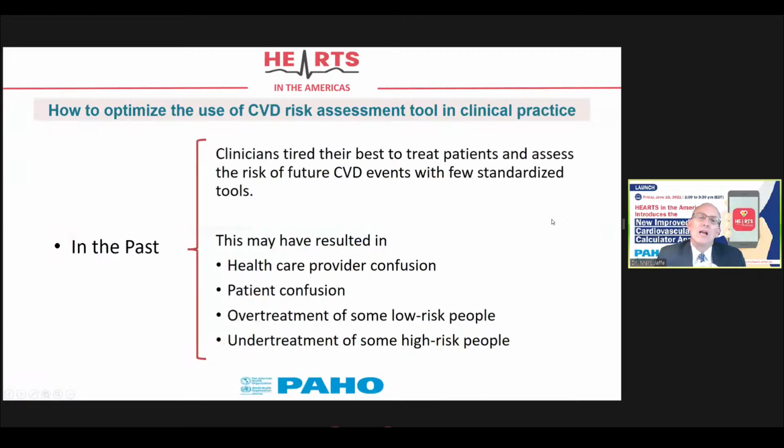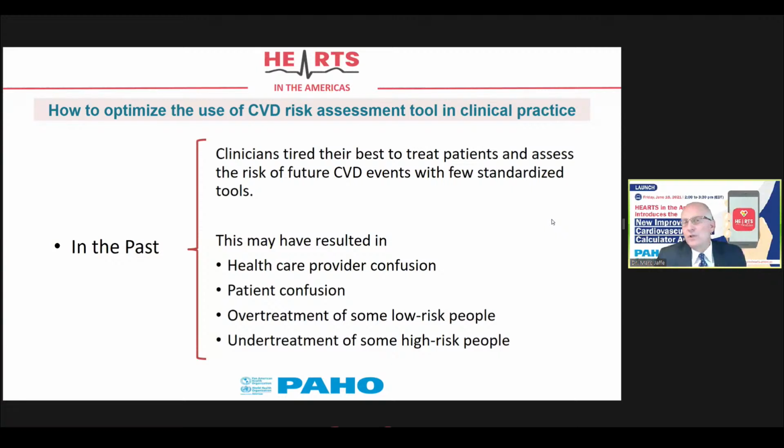And so let's talk about the past if we're thinking about how to optimize a tool. So in the past, and many of you might still be living in the past, clinicians tried their best to treat patients, and we had very few standardized tools.